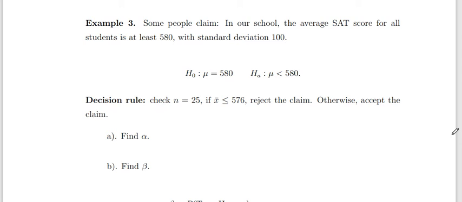We may adopt that the average score is less than 580, maybe not so high, right? So we set H0 is equal and HA is less than. How can we make our decision between H0 and HA? We set this decision making rule.